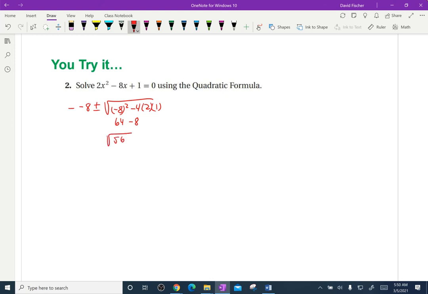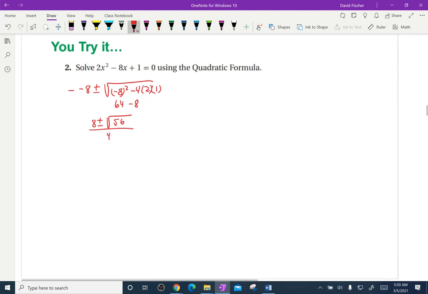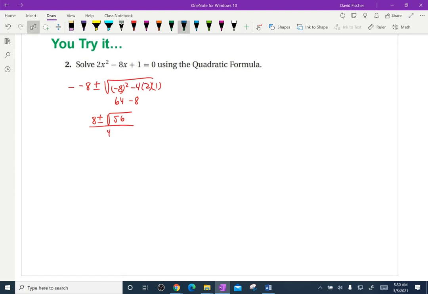I want to make that -8 a +8. And now I'm going to do my 2 times my a. So 2 times 2 is 4. So I'm pretty sure 56 is not a nice number. So I'm going to say 8 plus the square root of 56 over 4, 8 minus the square root of 56 over 4. Again, grab that calculator and go to work.